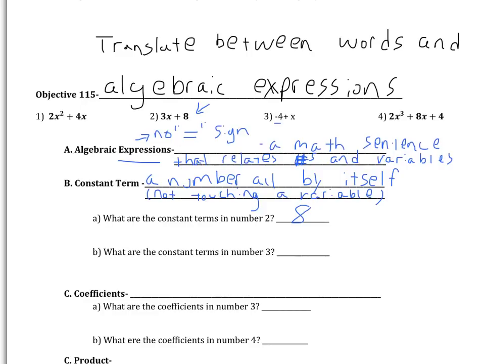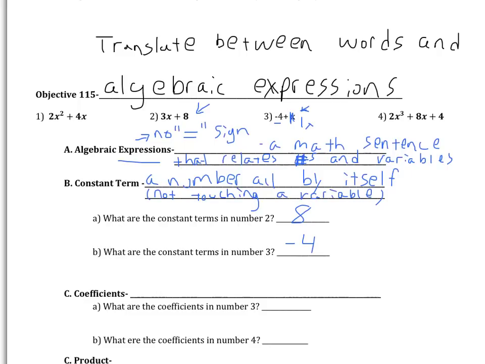Well, you have -4 and then x. What's in front of this x right here? If no number is in front of a variable, what is actually there? You should say, well, there's a hidden 1 there. So it's a hidden 1x. But the constant term in this case, the number all by itself, not touching any variables, is -4.